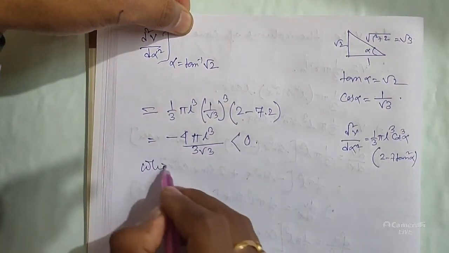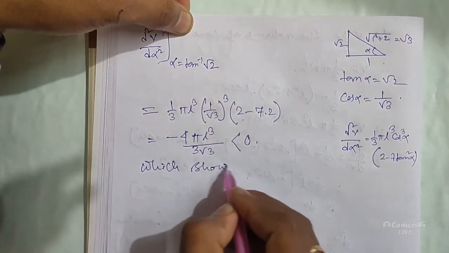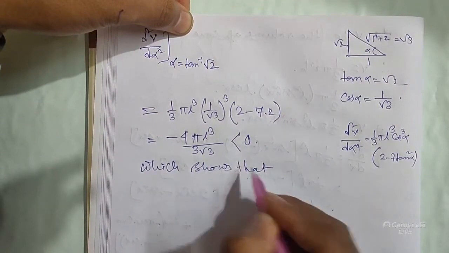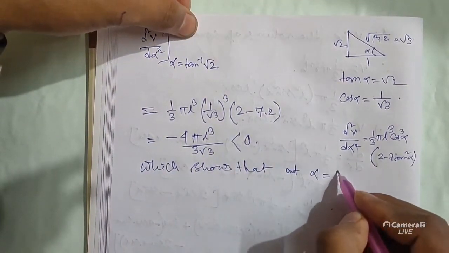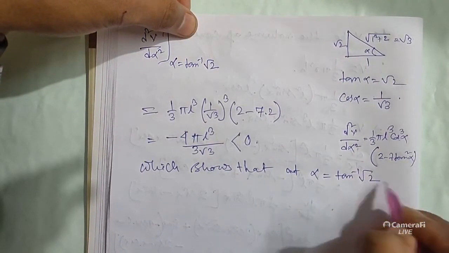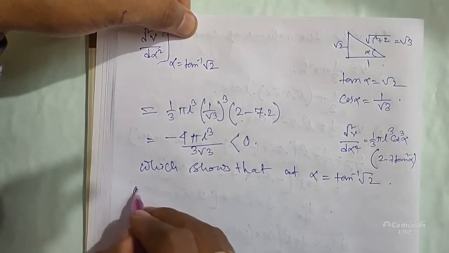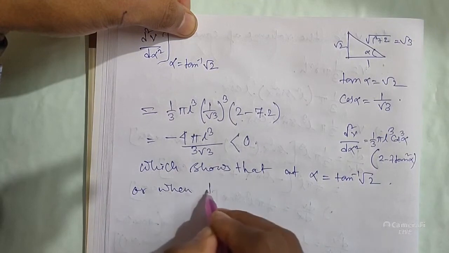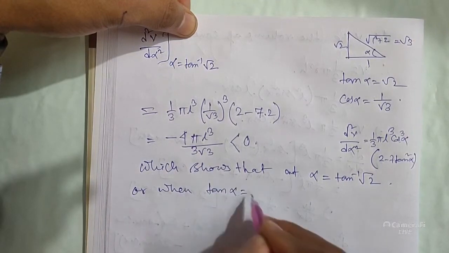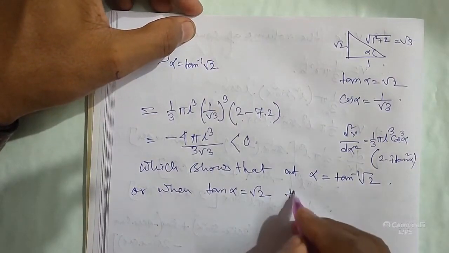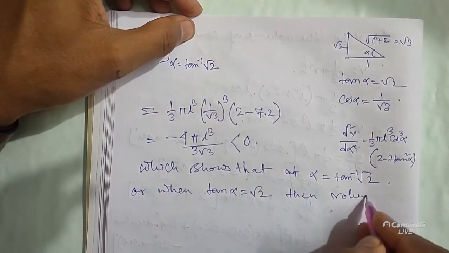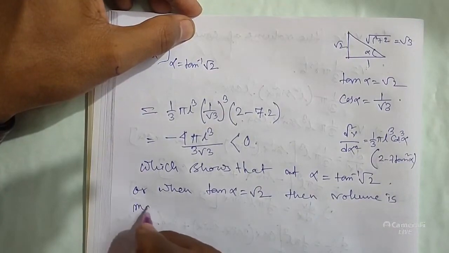So which shows that at alpha equals to tan inverse root 2, or when tan alpha equals to root 2, then volume is maximum.